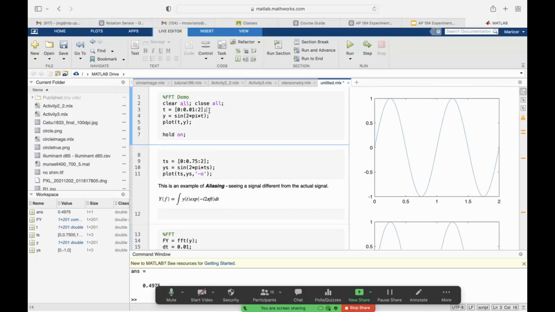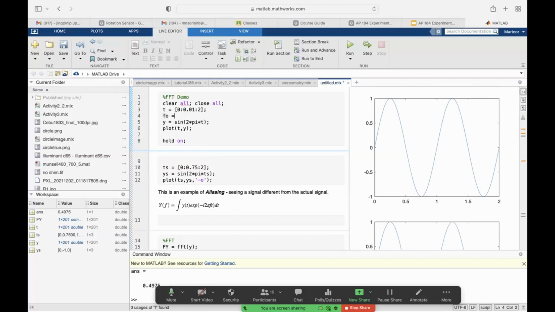So for example, if F naught equals 1, then we should see F naught here.